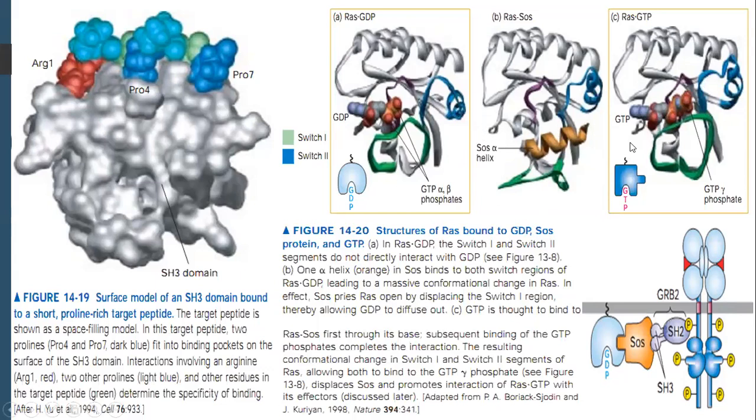Actually the purpose of telling this is that the whole thing revolves around the conformation of the protein. The conformation of the protein determines what it will do next.